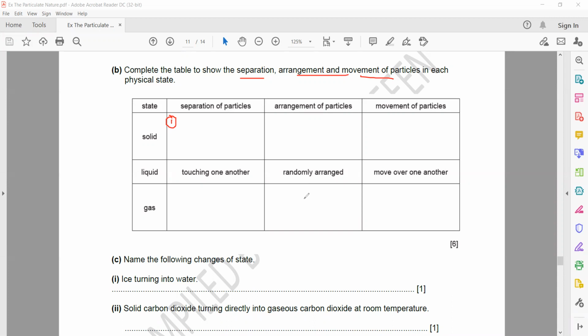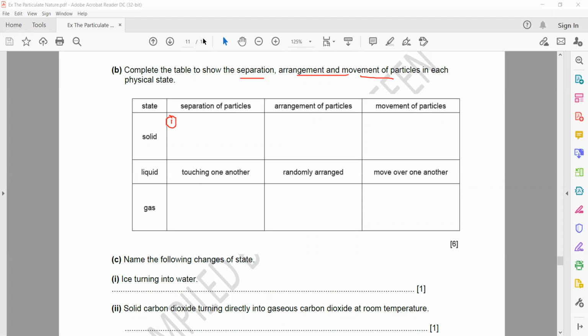With reference to the reason why they give you the row here, like they complete the row, they want you to use that row as a standard. So particles are tightly packed together. If you mention vibration, vibration is a movement here. That's a motion, movement.